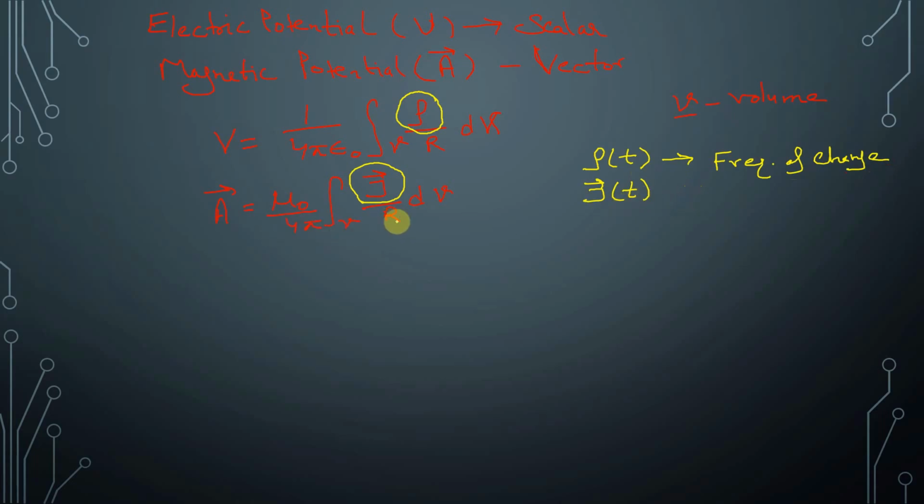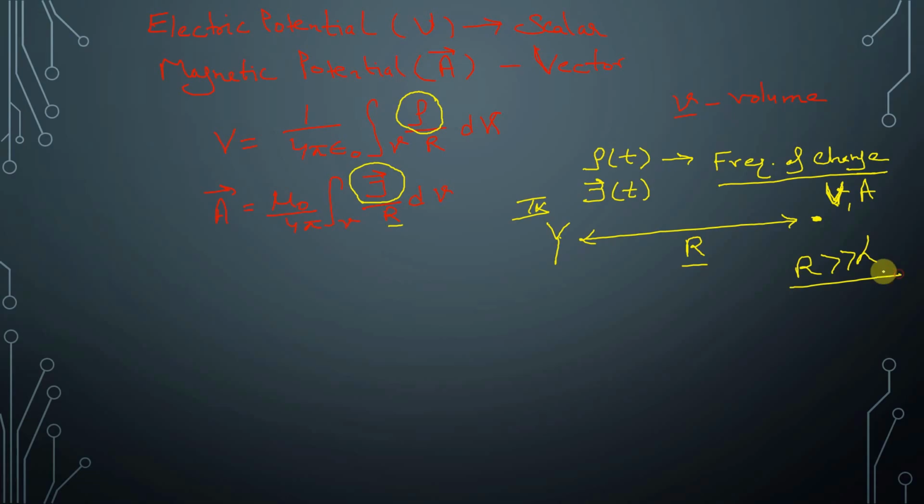Let us say this is a transmitter, and at a distance R from that antenna we want to find V and A. If R is greater than the wavelength lambda, then we have to consider the time taken by the wave to travel from that point to that point.